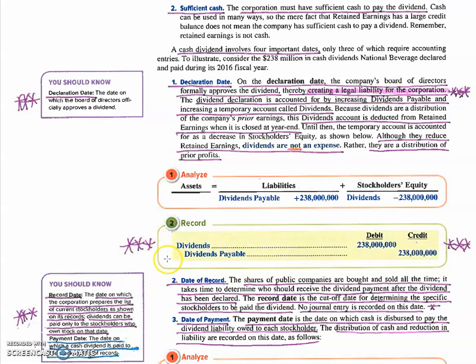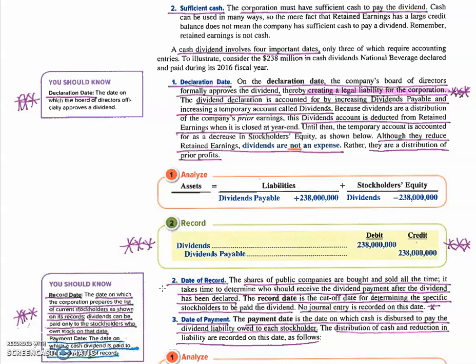Okay? Now, on the declaration date, we record this journal entry. Debit dividends, credit dividends payable, because the dividends are now a legal obligation. On the record date, there's no journal entry made, but we do make note in our records of who the stockholders are showing to be on that date, because whoever we are showing in our records owns the stock at the end of business on the date of record, in our case April 30th, will receive the dividend.